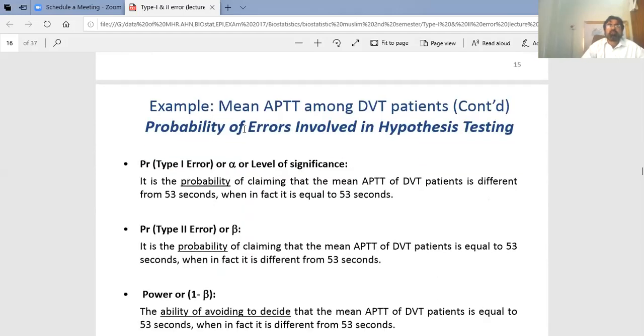Taking it further, the probability of error involved in hypothesis testing. The probability of a type 1 error, or alpha, or level of significance, is the probability of claiming that the mean APTT of DVT patients is different from 53 seconds when in fact it is equal to 53 seconds.